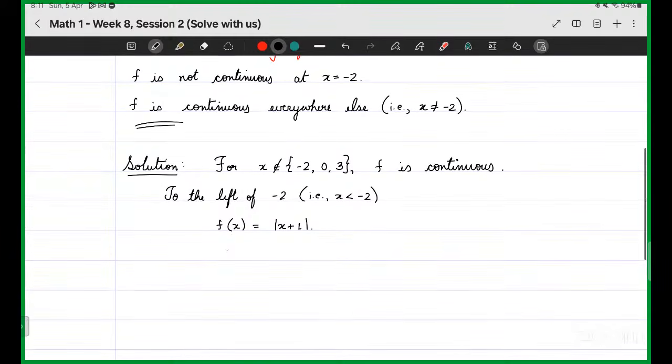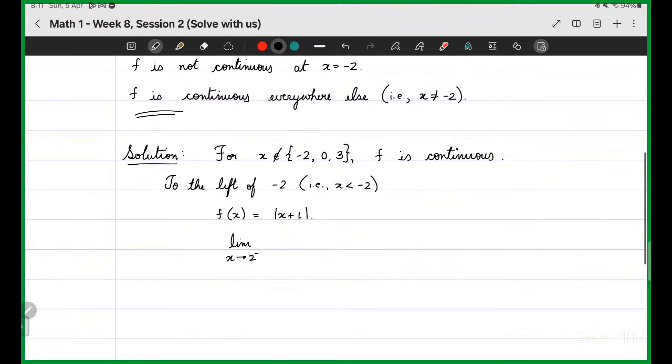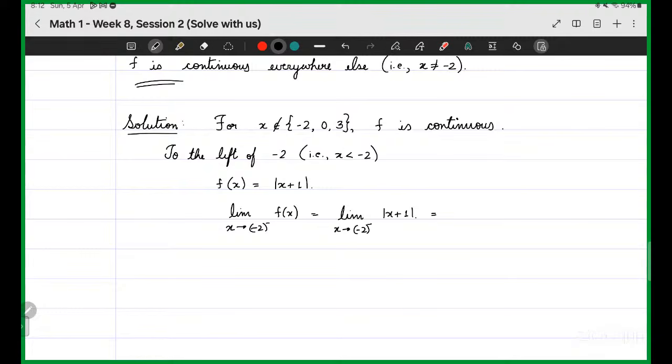So what is the limit as x goes to -2 from the left of f of x? This would be the limit as x goes to -2 minus of modulus of x plus 1. How would I compute this limit? I can do it directly by substitution, right? And what is the value? -2 plus 1, that is -1, mod of -1 is 1, sir. 1.